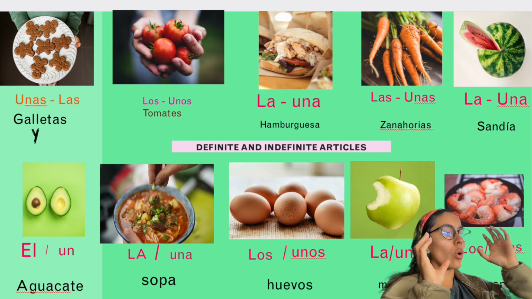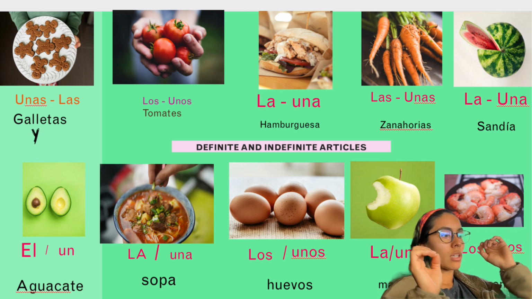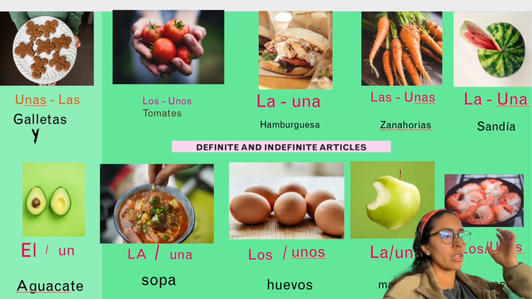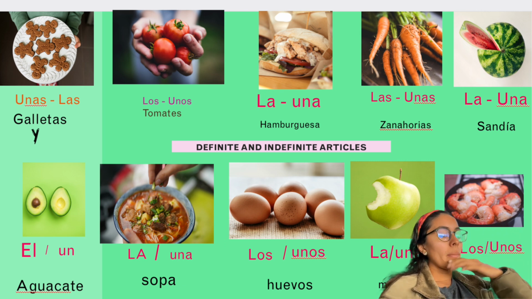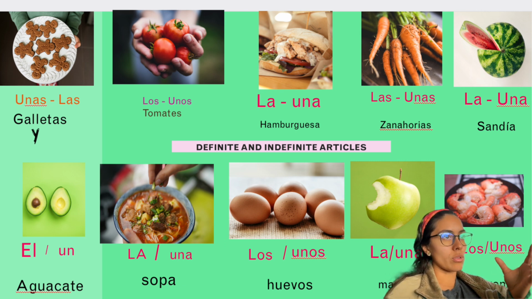I want oh, like imagine a circle. Oh. And that's it. No less, no more. The majority was using an A, so instead of saying los, you're saying las. Okay.